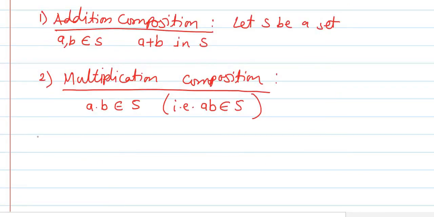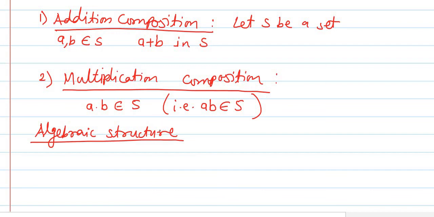Next, algebraic structure we are going to define. How is it defined? A set is said to possess an algebraic structure if the two compositions of addition and multiplication are defined in the set.